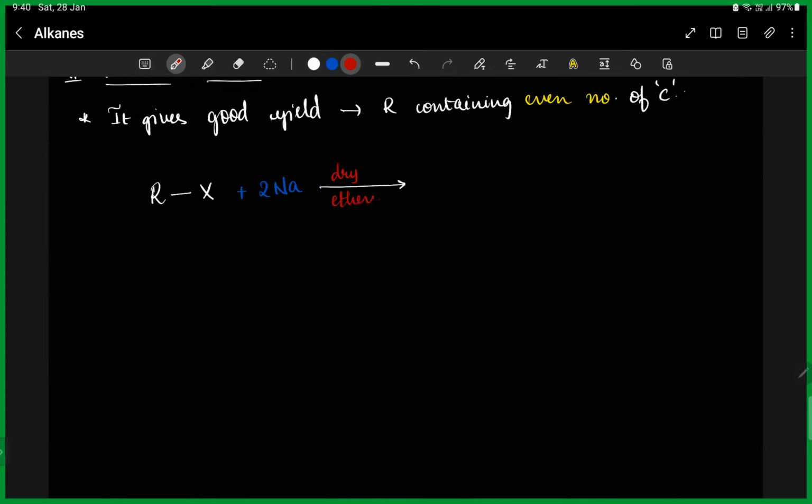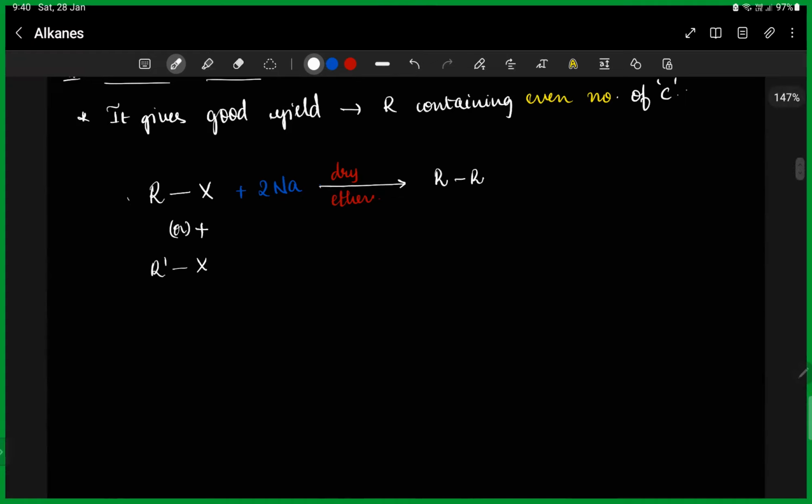What would form is RR, or if you take R'X, or you take 2 moles of RX, you can get RR or RR'. These will be your products, and a minimum amount of R'R', plus 2 NaX.